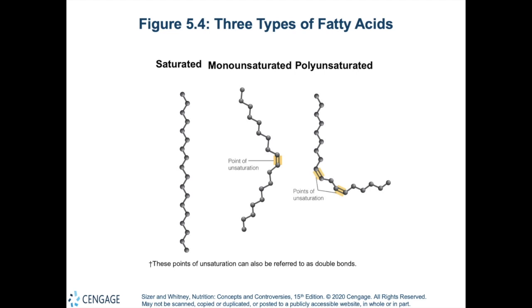So it's going to be solid at room temperature. So things like butter, shortening, coconut oil, okay? With an increasing degree of unsaturation, moving to the monos and the polyunsaturated, the structure of the fatty acid becomes more fluid in shape, so less rigid, more fluid. And this renders it liquid at room temperature, things like olive oil, avocado oil, canola oil. Okay.